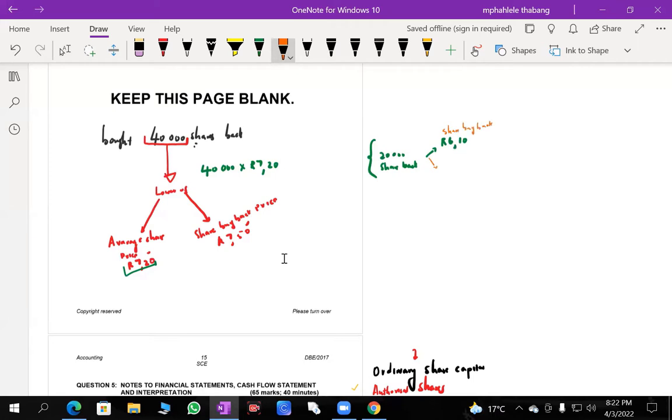But they do not always give it to you. Most of the time, they tell us at which price the company bought back the shares, and the average share price we usually calculate. Let's say we calculate the average share price, and it is 7 rand. Which price are you going to use to value these 20,000 shares that the company bought back?